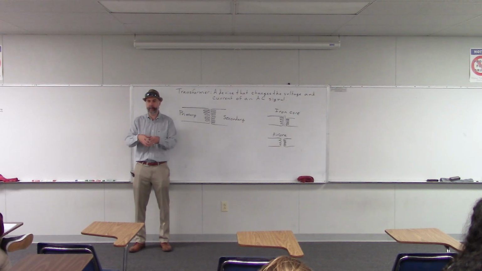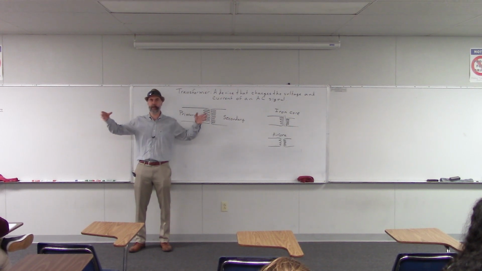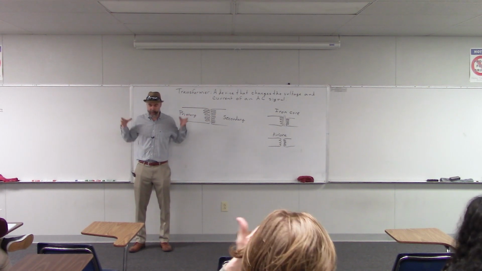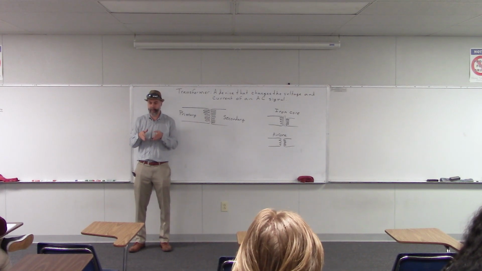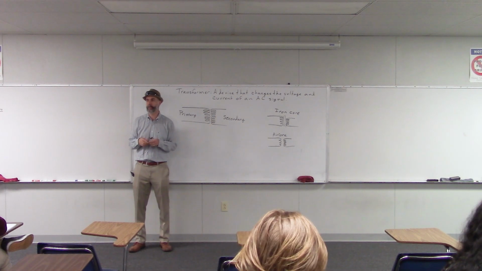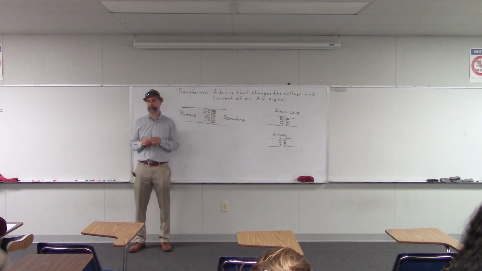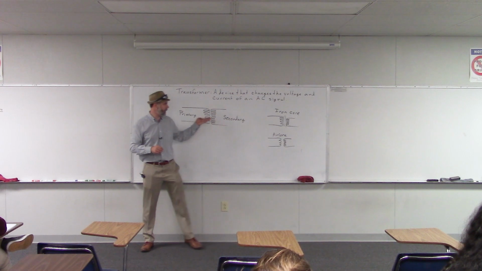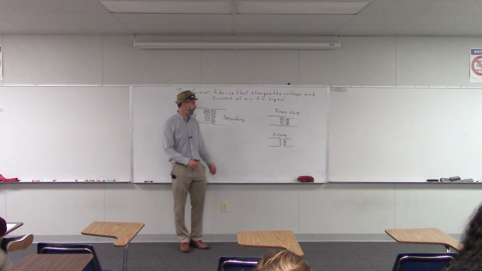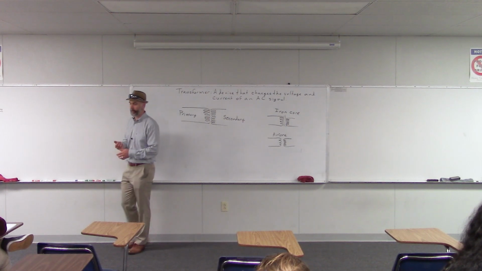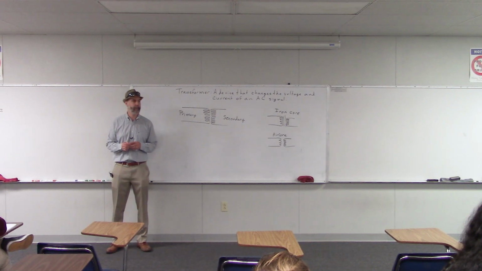If that iron is not there, the field kind of spreads out and is less concentrated. That piece of metal acts to concentrate that magnetic field in one place or one direction. Can you use another type of material? I suppose it could be another type of magnetic material, but typically it's iron, just because it's common and relatively inexpensive. And I don't think that other non-magnetic metals would work.